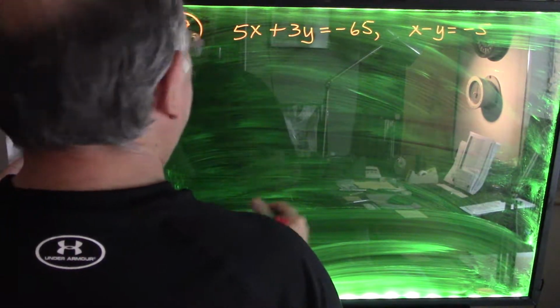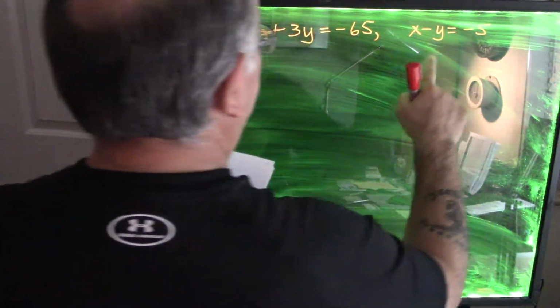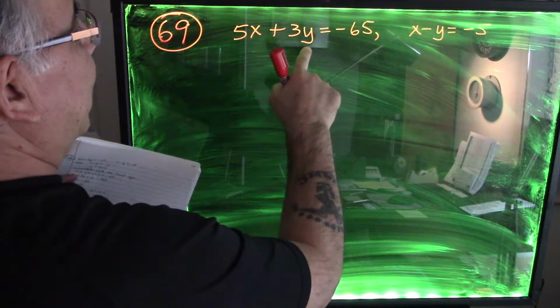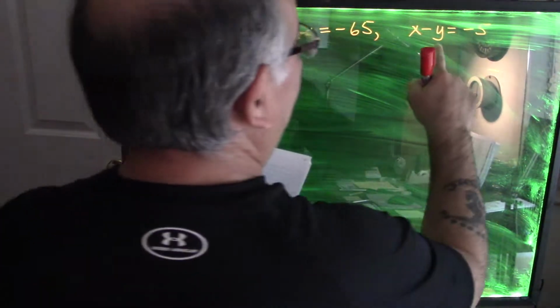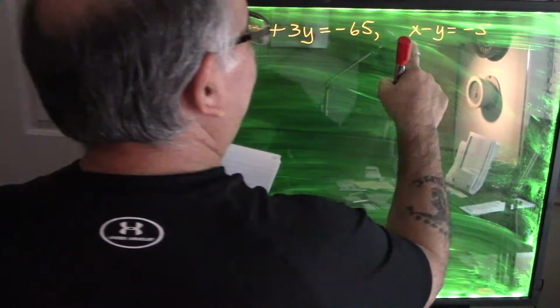Alright, so I'm going to isolate the y on this one and then substitute the expression involving y into here. Alright, so y on this side will equal x plus 5.